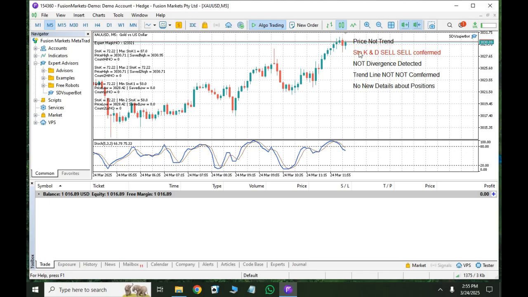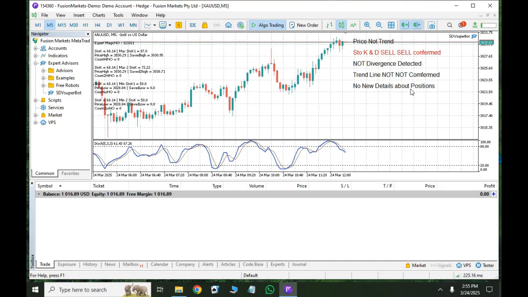I check the price trend, the stochastic K value and D value confirmation, divergence confirmation, and trend line confirmation. If these four conditions are satisfied, we open a position. That's the strategy for this EA.